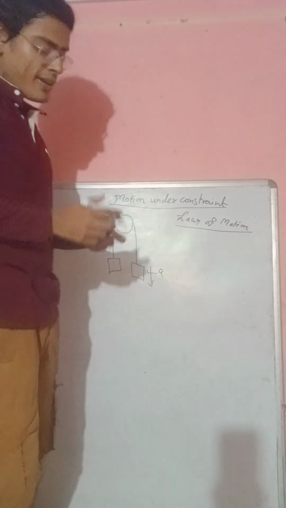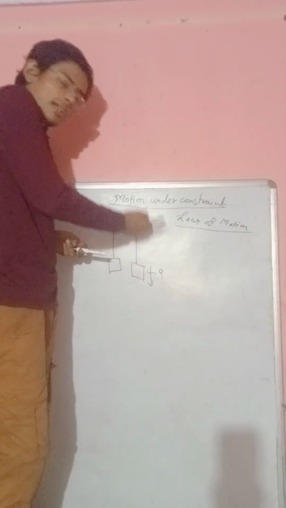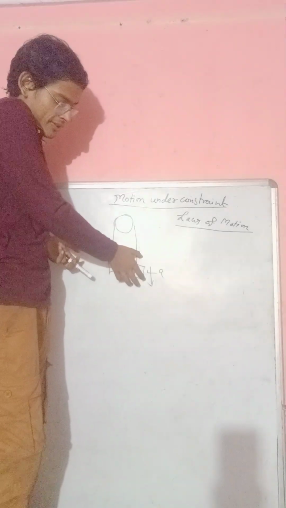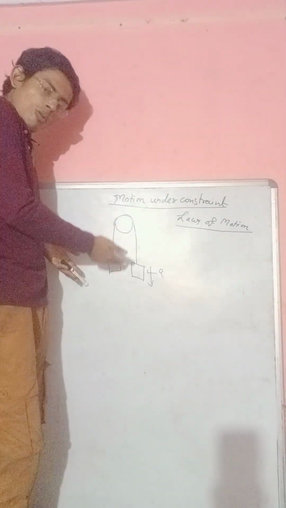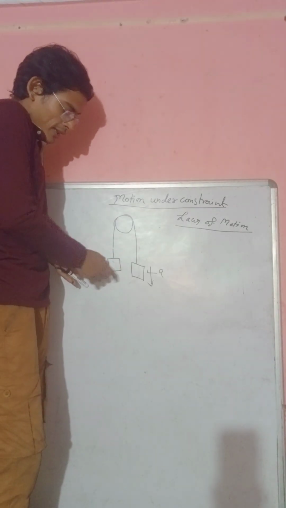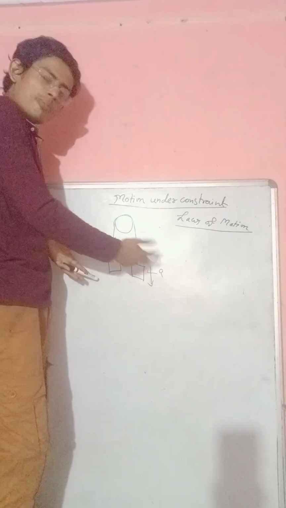Definitely the motion of this block depends on the motion of the other block, because it depends whether the second block is moving in the upward or downward direction. Without mentioning the motion of the second block, we cannot understand how the first block will move, right?